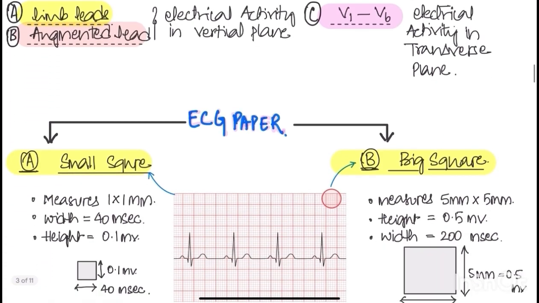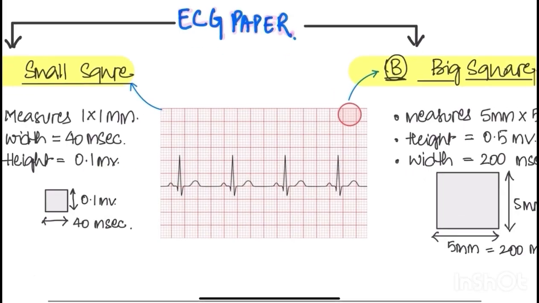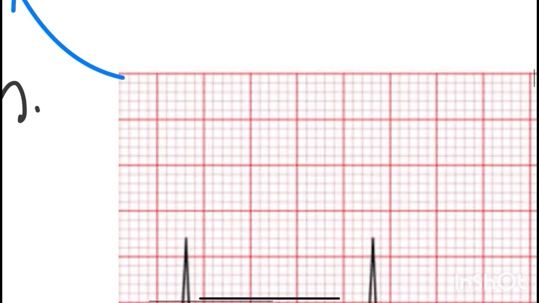Alright, so let's come to the ECG paper. A typical ECG paper would consist of squares, and inside each large square you would have some small squares. In each large square you will have 5 small squares on the x-axis and 5 small squares on the y-axis.